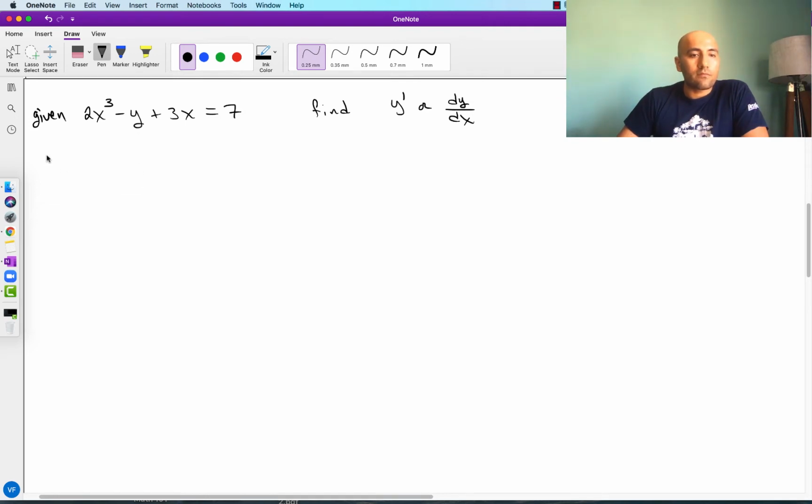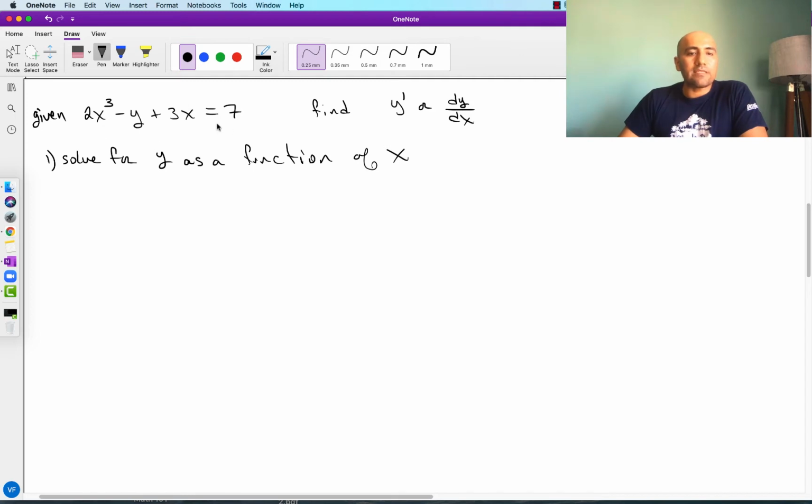So first, solve for y as a function of x. In other words, get the y by itself on one side, and on the other side, all the x's. Thus, the x is the independent variable, and the y is the dependent variable.